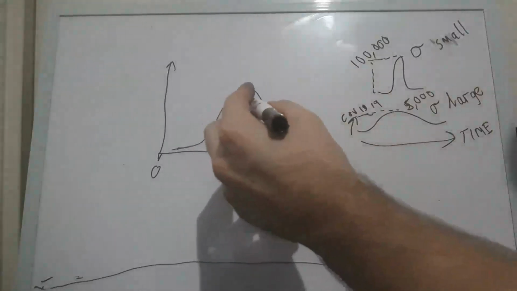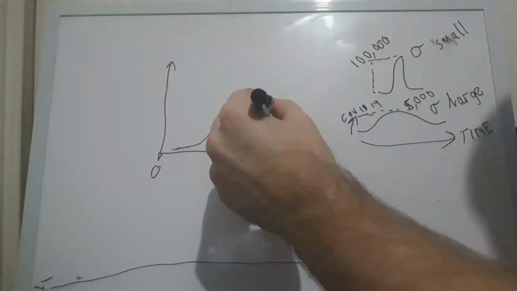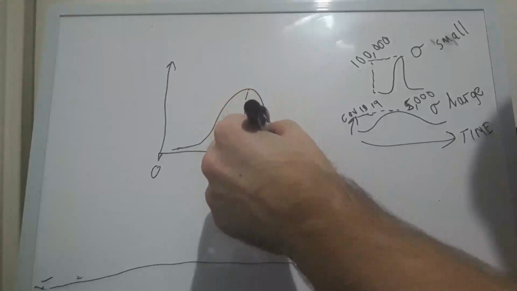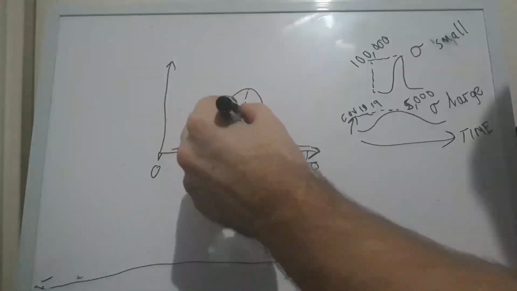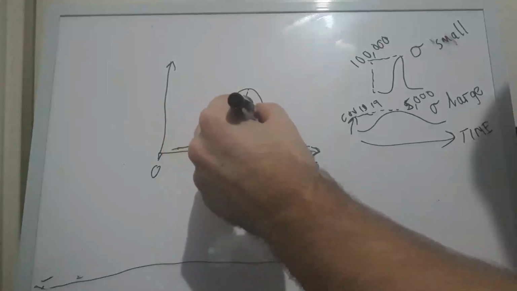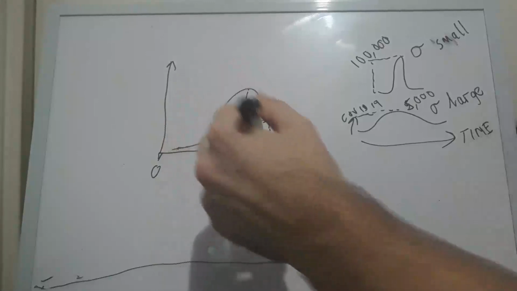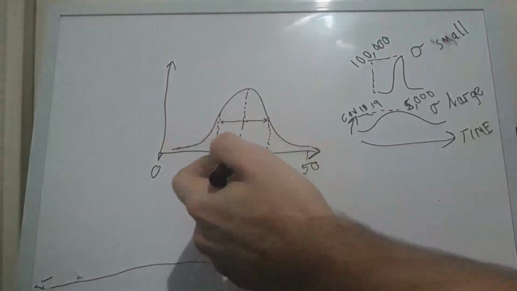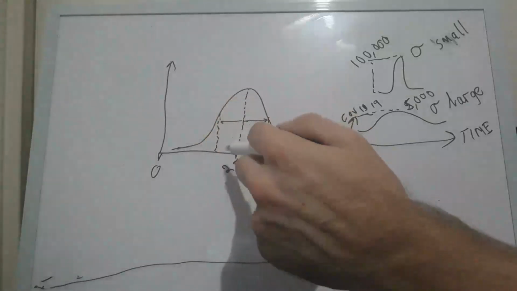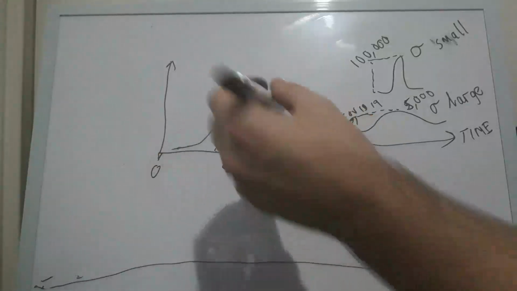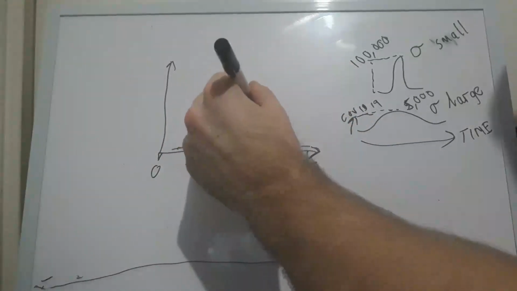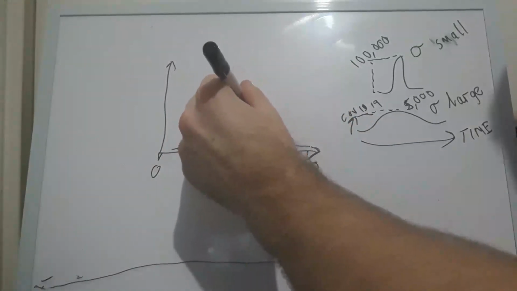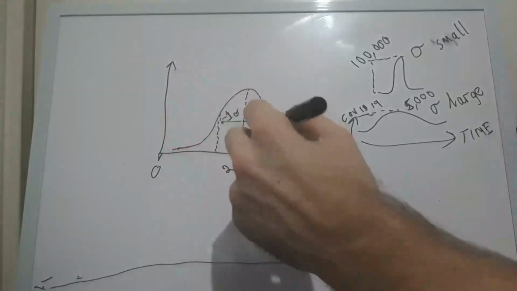Now, if you move one standard deviation above and one standard deviation below the mean or the median, we'll say the median because it's in the middle, but it's also the mean because it's a symmetric distribution. So this will be 1 sigma, we'll make that positive, make that negative.